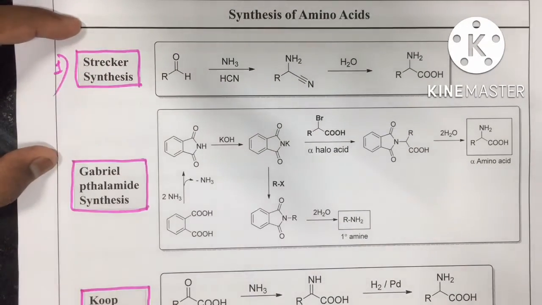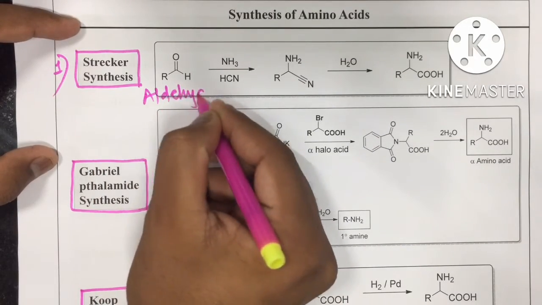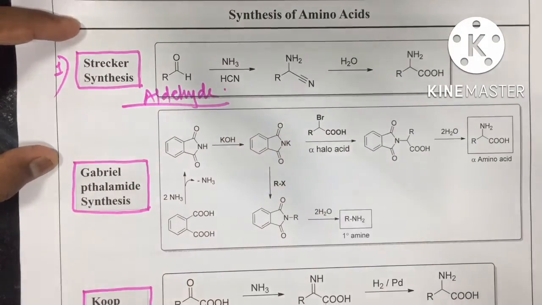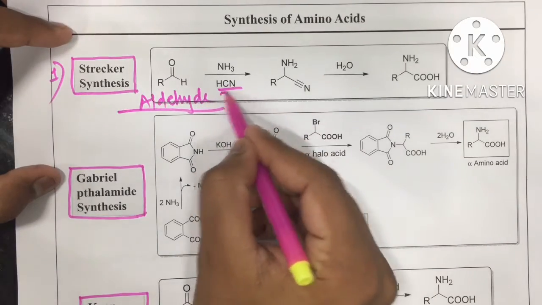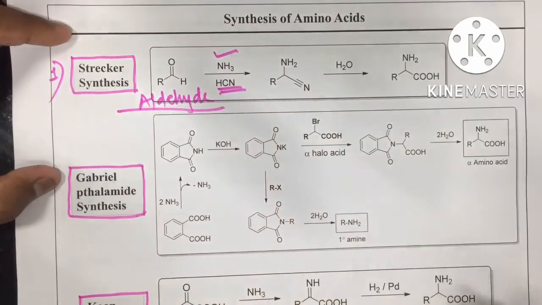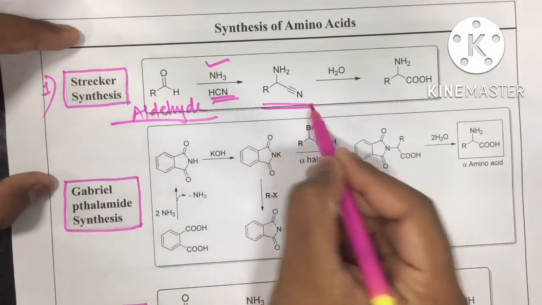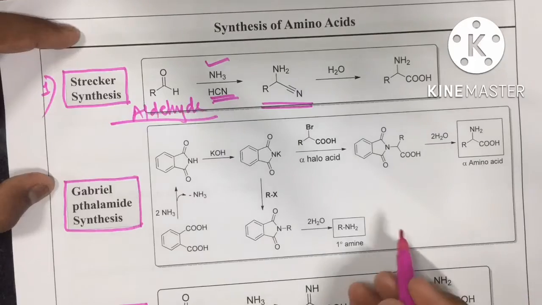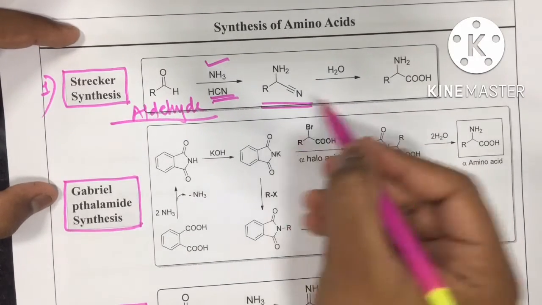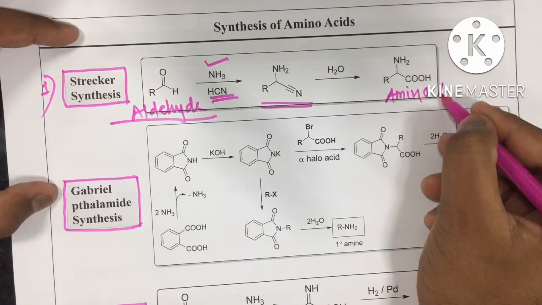In Strecker synthesis, what is the starting material? Aldehyde. Aldehyde in the presence of ammonia and hydrogen cyanide gives a nitrile intermediate, or cyanide intermediate, and by hydrolysis of that intermediate we get our amino acid.